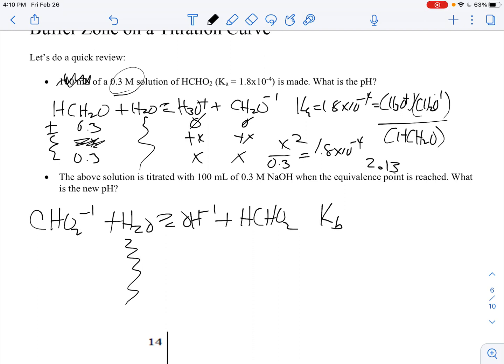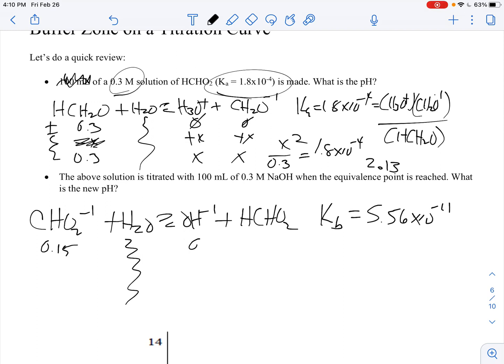They gave us Ka, except that if we know Ka, we know Kb. So remember that Kb is going to be 1 times 10 to the negative 14th divided by 1.8 times 10 to the negative 4th. So that's going to be 5.56 times 10 to the negative 11th over here.